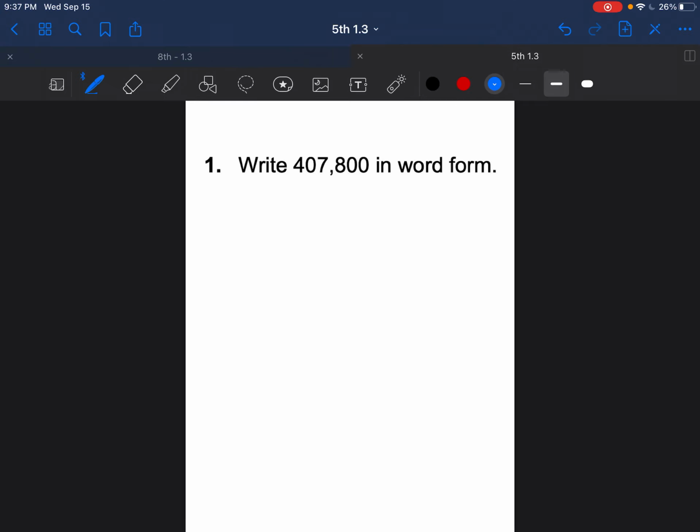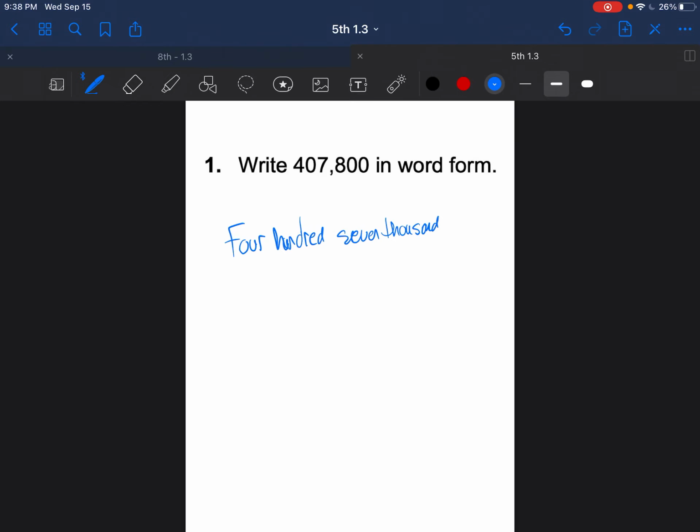Here's question number 1. We practiced this in lesson 1.2. Let's write this number in word form. So we have 407,800. I'll say that again. We have 407,800. So let's write it down. So we have 407,000.